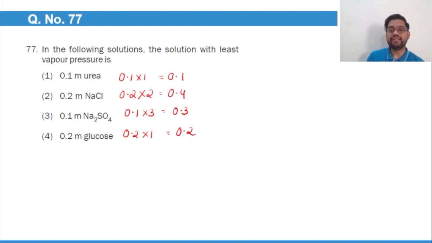So least vapor pressure means highest concentration, that is 0.4. So least vapor pressure is of 0.2 molar NaCl and the highest is 0.1 molar urea. Hence the right answer is option number 2.